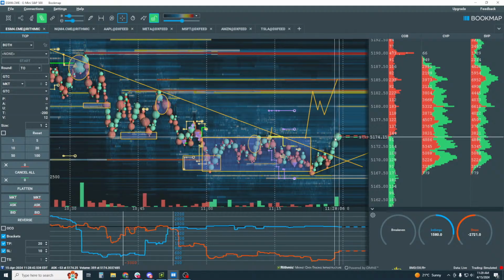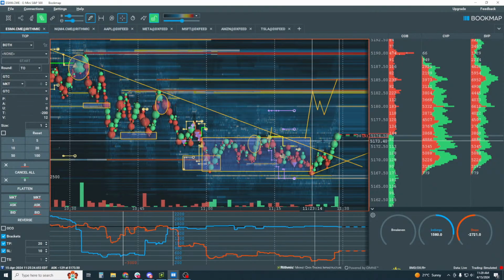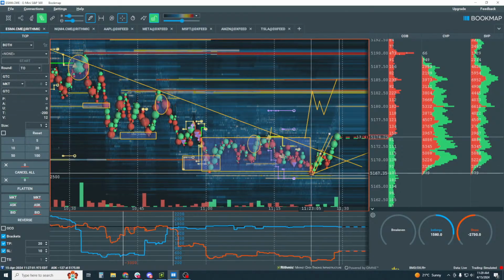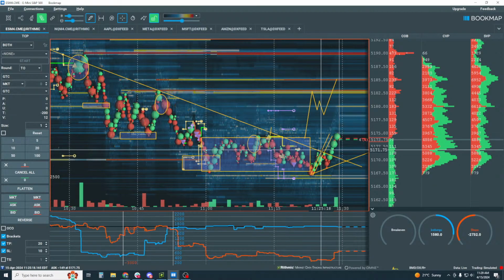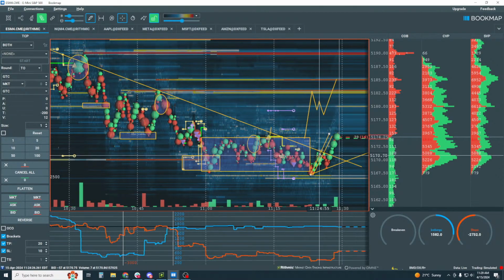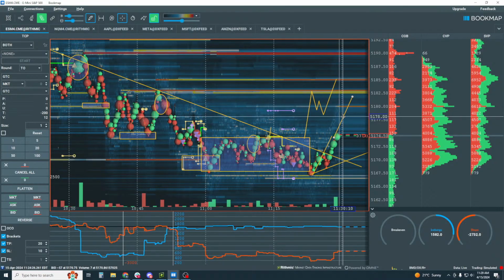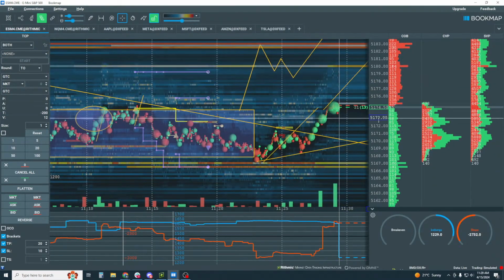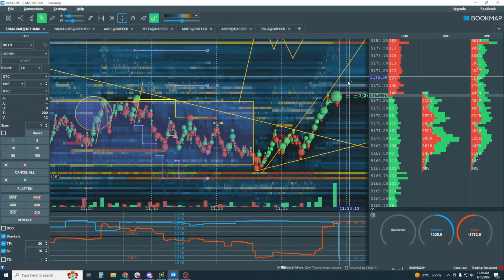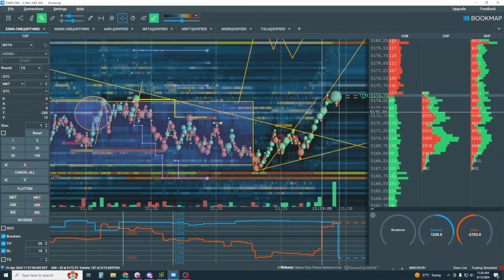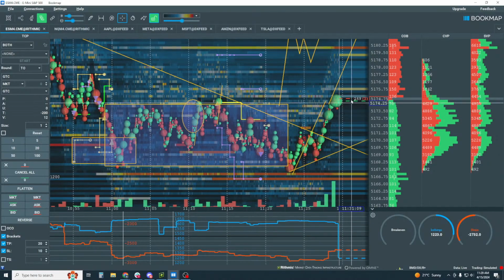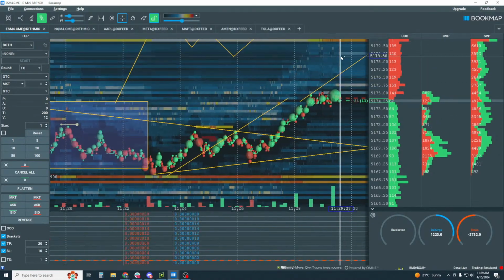Okay, so our impulse move, if we're looking for a measured move in our impulse move, this is what we're looking for. We're looking for quite a bit of buying to come in here, and we're looking for it to come back up to about this 82 level here. If you're a breakout trader and this is something that you look at and you like, well, then this is where we're looking for it.